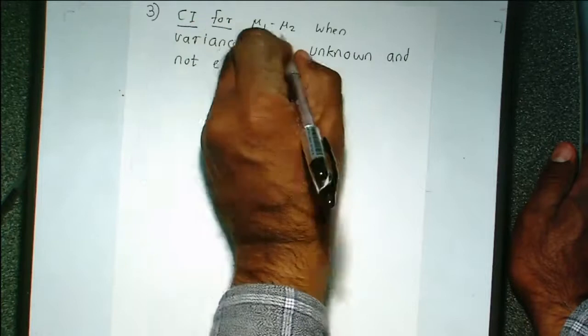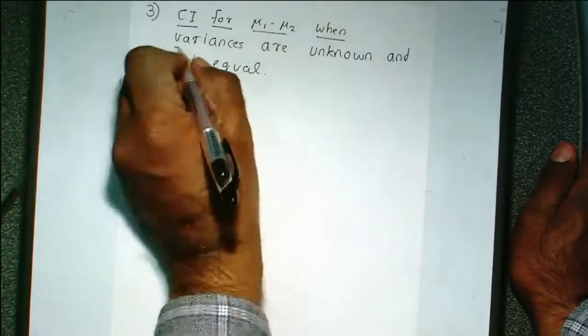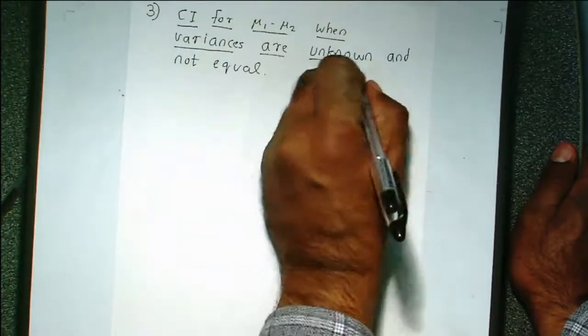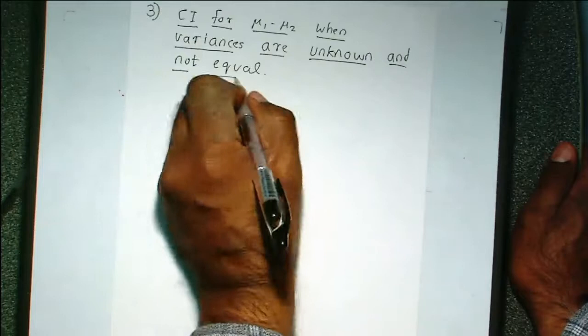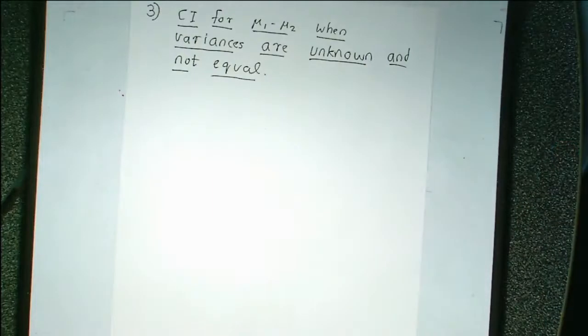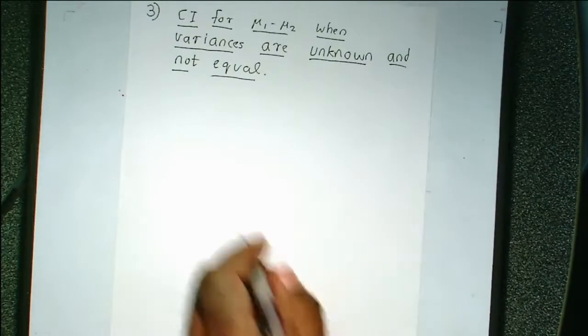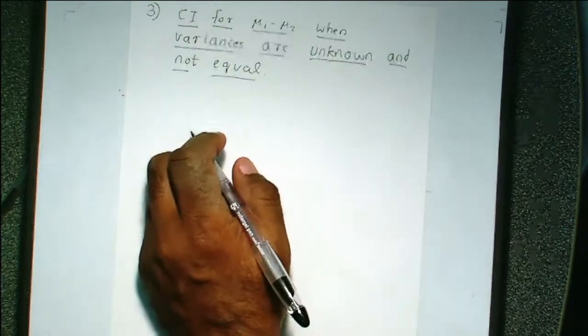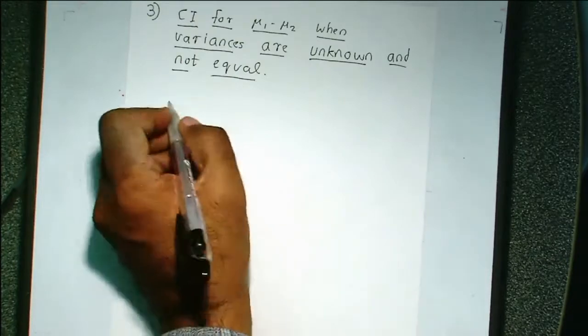This is number 3. So we are looking for the confidence interval for the difference between the population means when the variances are unknown and not equal. So what you have is the following.